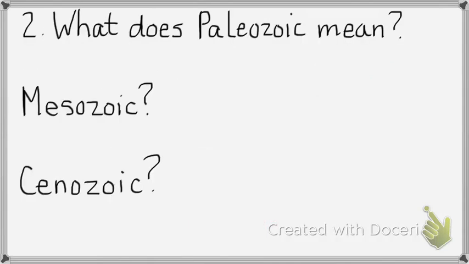All right. Okay, so one day we were studying fossils, and that day we also looked at the geological time scale, which is on page 150. And I don't know, you may have written down what Paleozoic means.